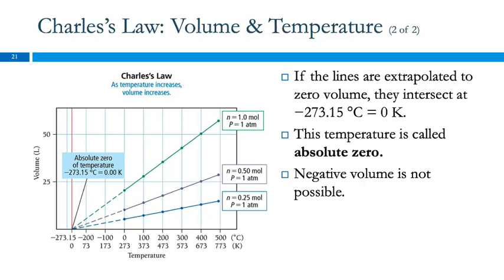No. So if we got to 0 volume, that would have to stop. All of these things intercept here at the same point, and that's not a coincidence. So this is the absolute theoretical lowest possible temperature, and negative temperatures are not possible.